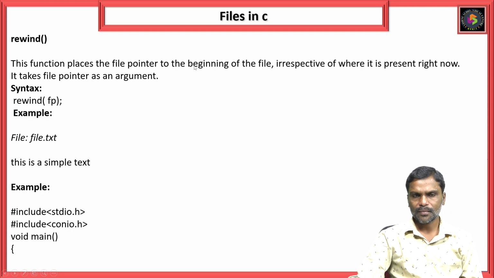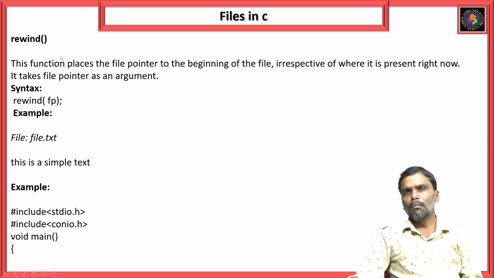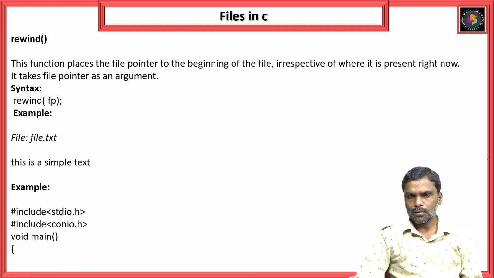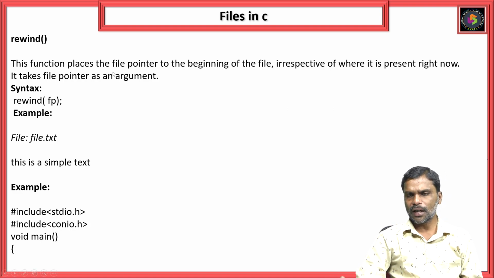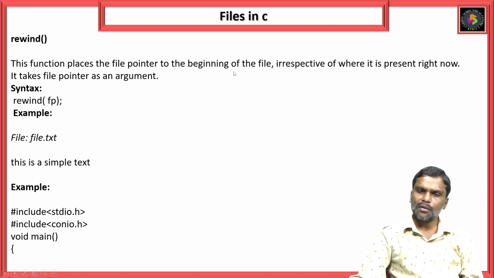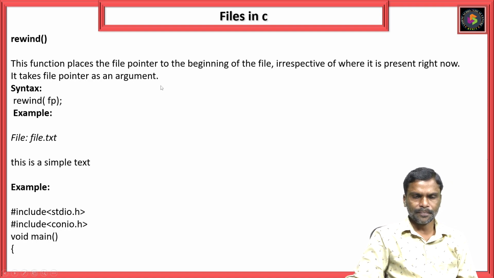For example, my file contains some data, Hyderabad. Wherever the cursor may be, after the H, in between the Hyderabad, or after the end, the cursor always comes to the beginning. It takes the file pointer as an argument.